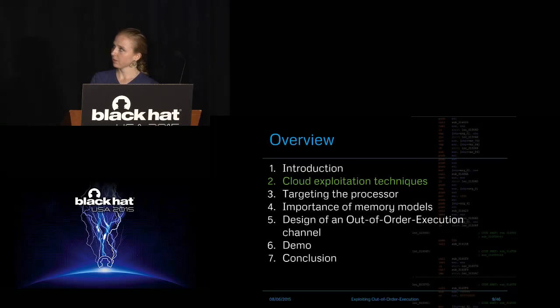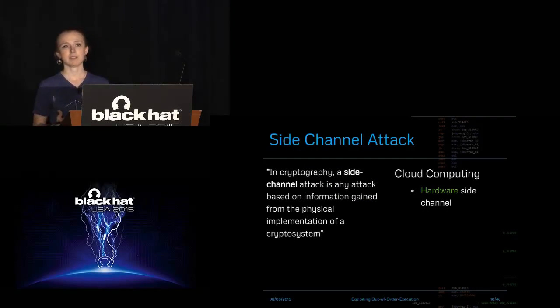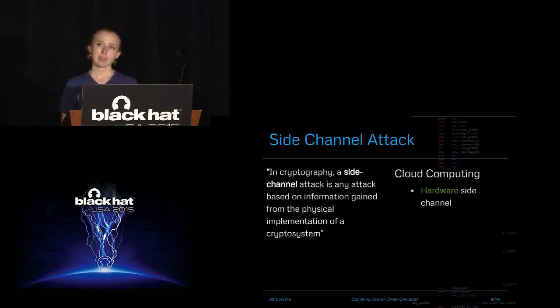All right, so this is just an overview of my talk today, and right now I'm just going to go into basic generic ways you can use this contention to create side channels. So you might have heard side channel attacks in reference to cryptography, and in cryptography it refers to any information you can gain from a system by recording the environment on which that crypto system is implemented.